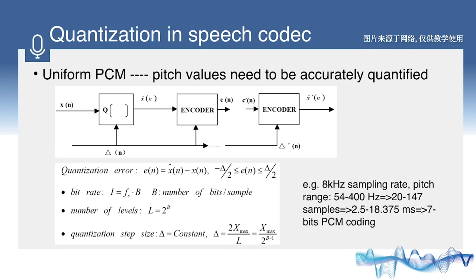That is 2.5 to 18.375 milliseconds. We can use PCM coding. We usually use additional bits to encode the fractional delay of the pitch period.